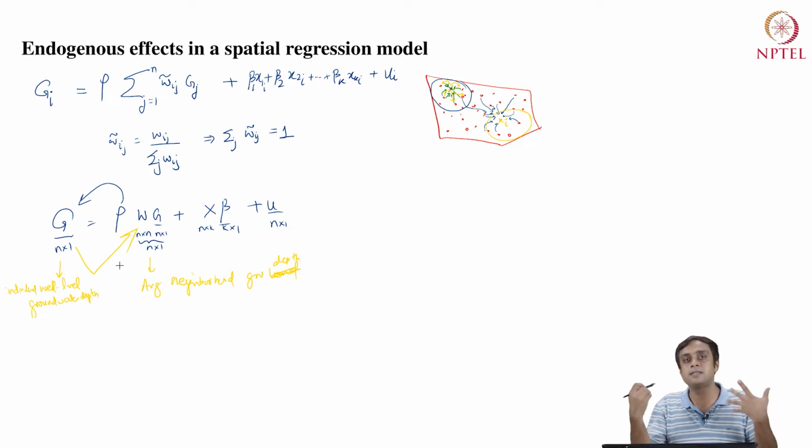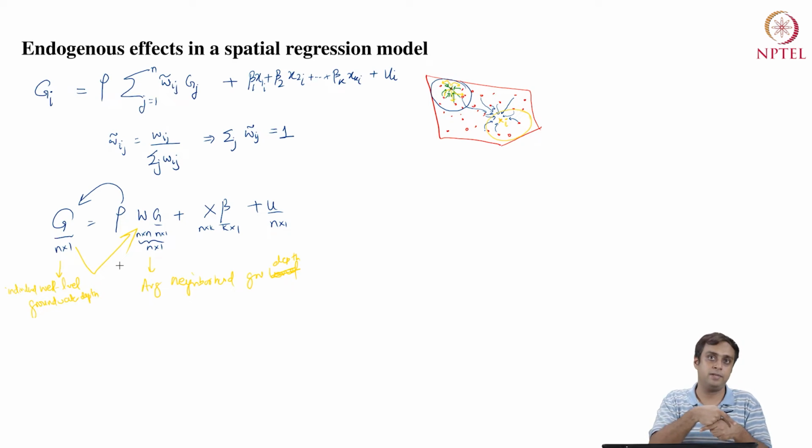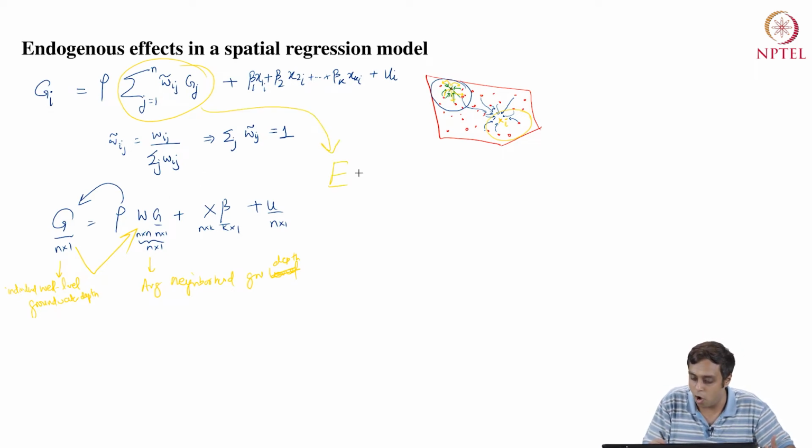We can't just ascertain by simply specifying G equals rho Wg a single directional or unidirectional effect. There is circularity there which we cannot circumvent, right? And if you think about it, this Wg, which is nothing but some kind of a weighted average, is an analog of the expected value of y given x in Manski's notation.